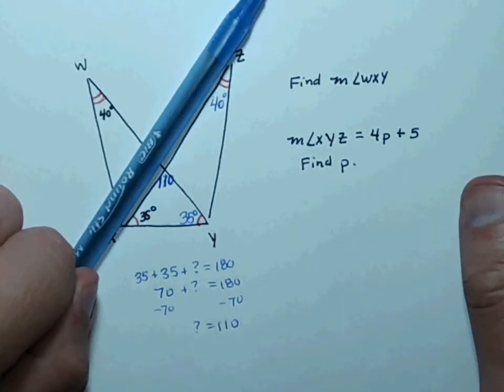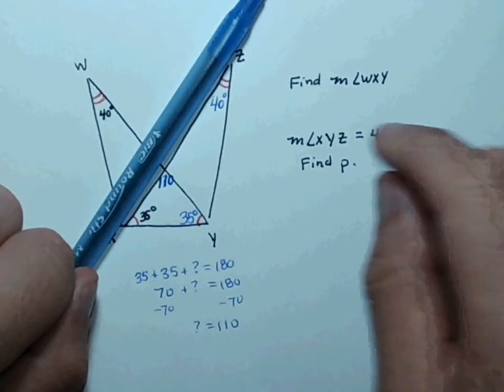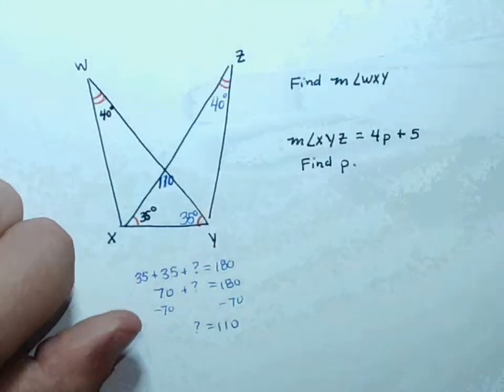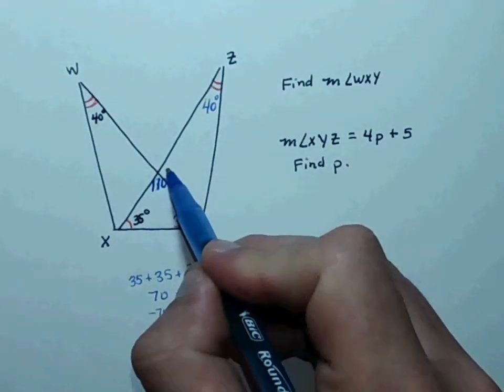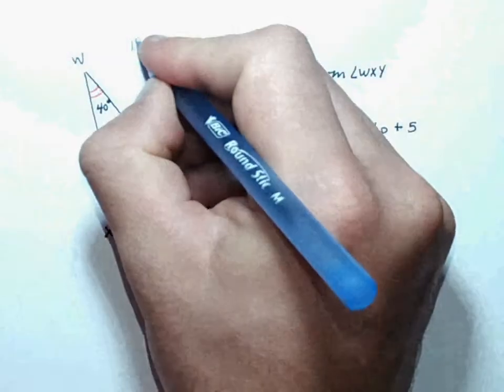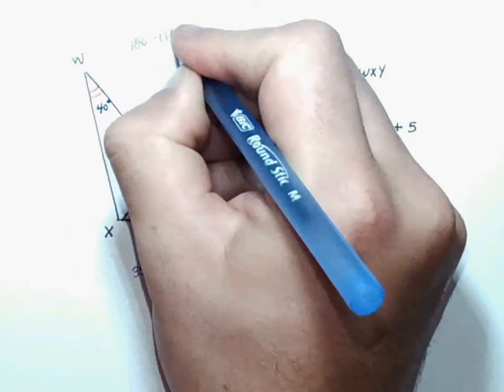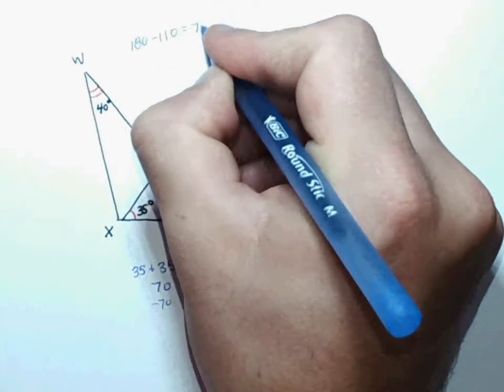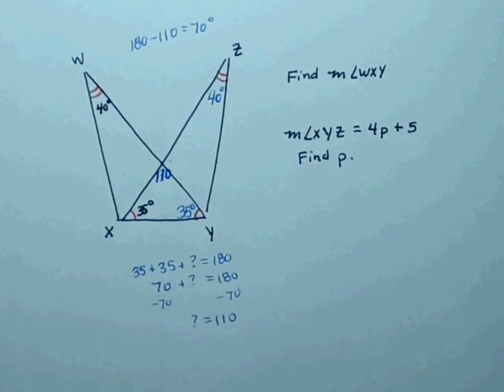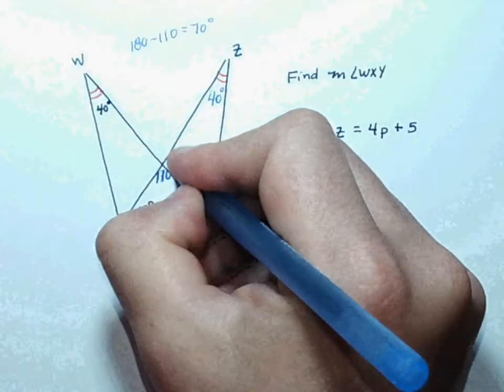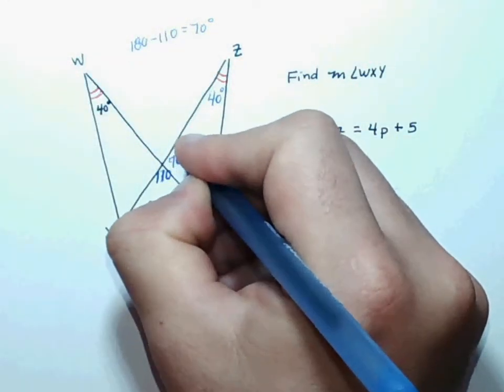They're a linear pair, which means they are supplementary. See how they make a straight line? So they're going to add to 180. So to find this angle, we're going to say 180 minus 110, which is 70. So that tells us that this angle is 70 degrees.